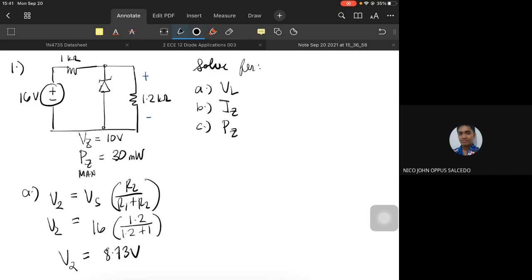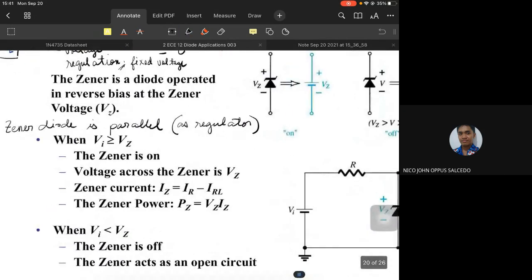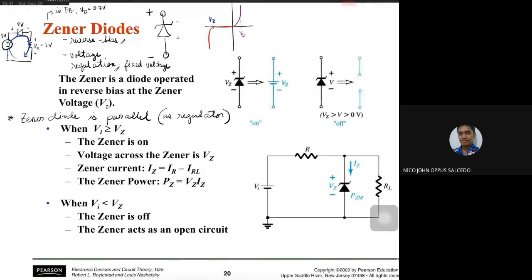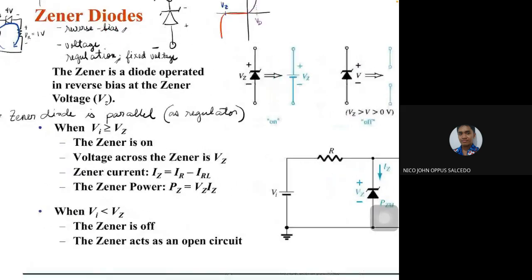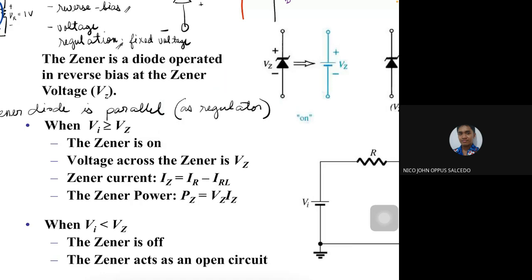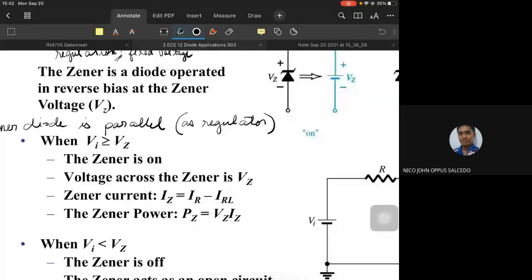There's a problem. Remember, I think I used the wrong notation. When it is the voltage across the load, this should be VL.